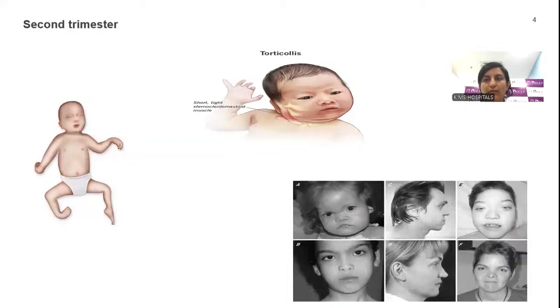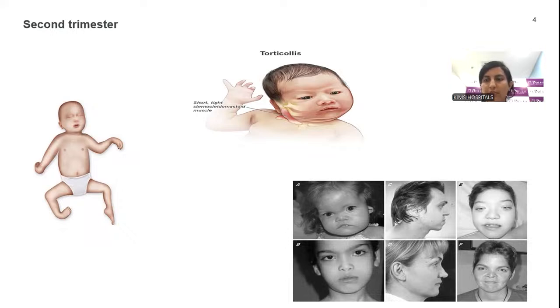The most common risk factors for DDH are firstborn female child, which we can remember by F and F. Apart from that, when DDH is diagnosed antenatally in the second trimester, it can be because of genetic problems or musculoskeletal problems like arthrogryposis congenita, or it can most commonly be associated with wryneck or torticollis.